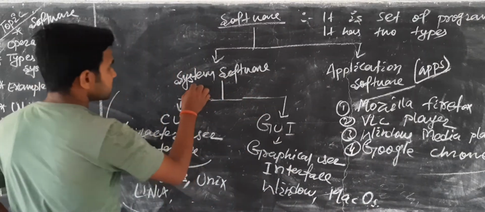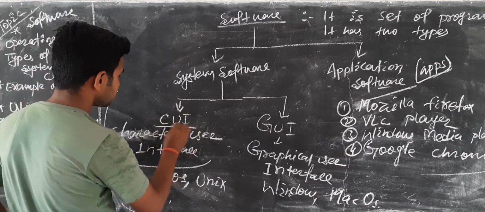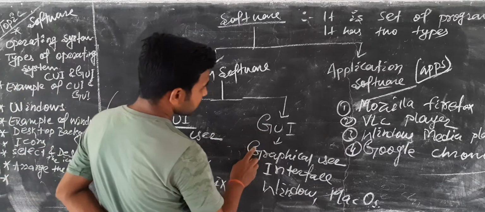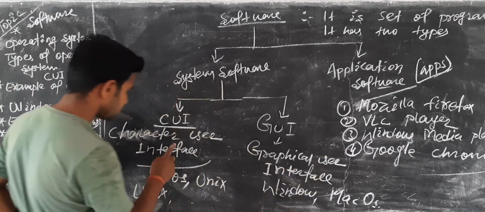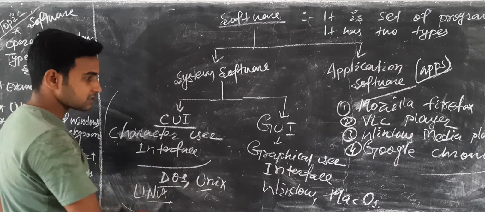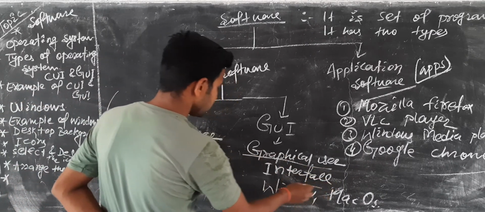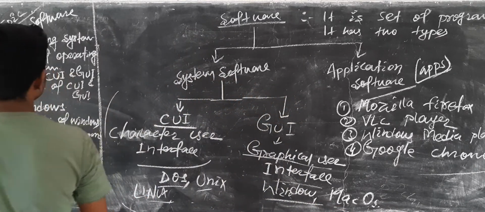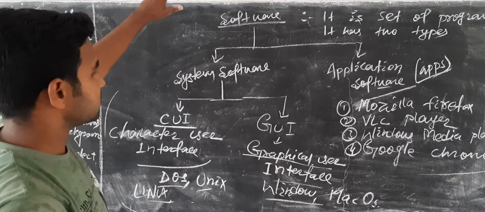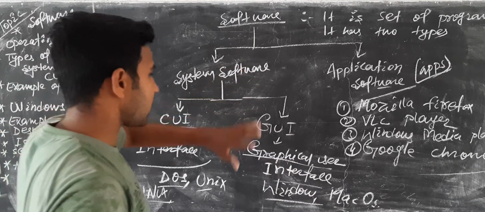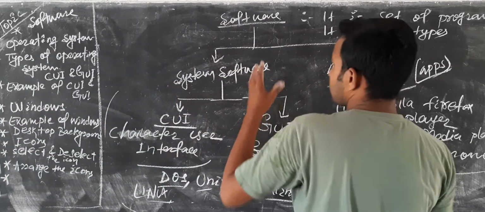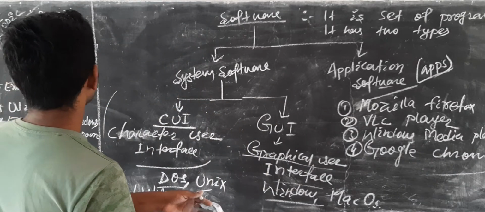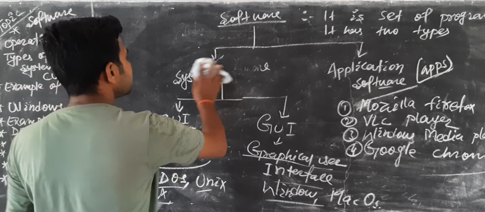Next, system software has two types: first, character user interface, and second, graphical user interface. Examples of CUI are DOS, Unix, and Linux. Examples of GUI are Mac operating system and Windows operating system.